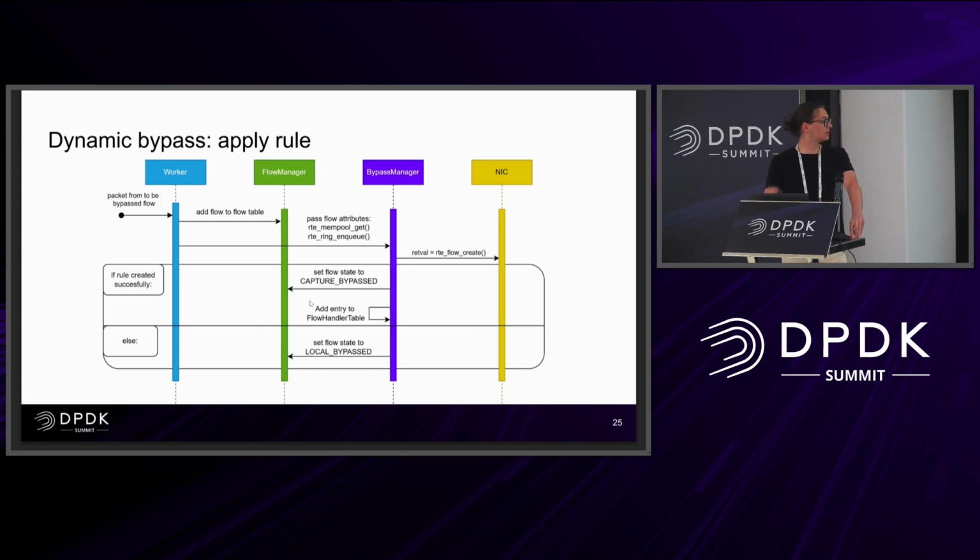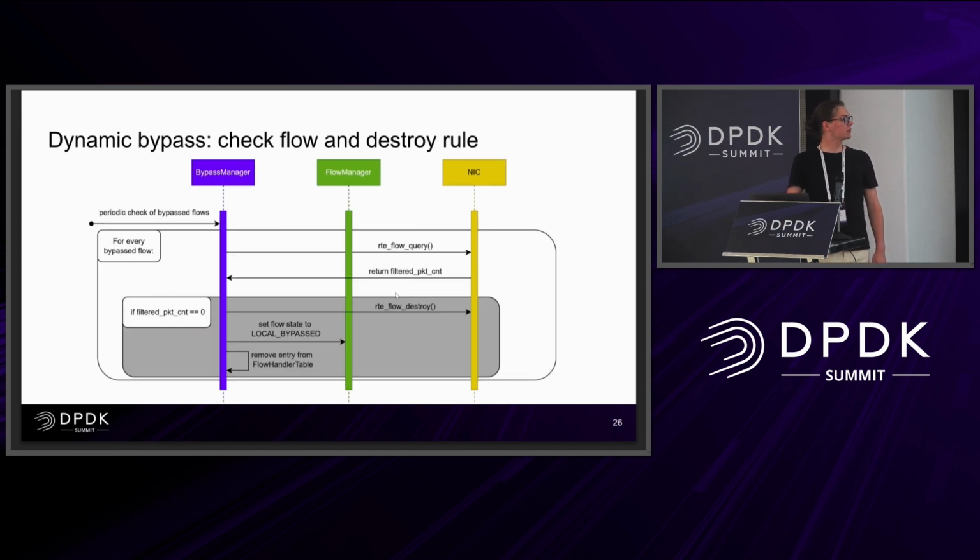In the case that the creation is not successful, maybe because the maximum number of RTE flow rules was reached or some other error happened, we just set the flow back to local bypassed, and we let Suricata handle the bypass.